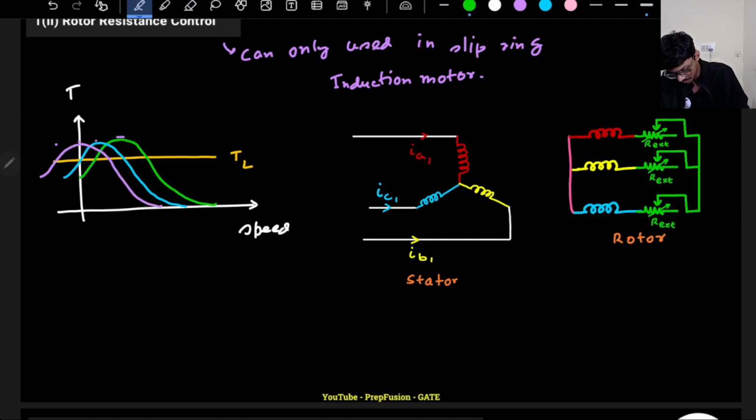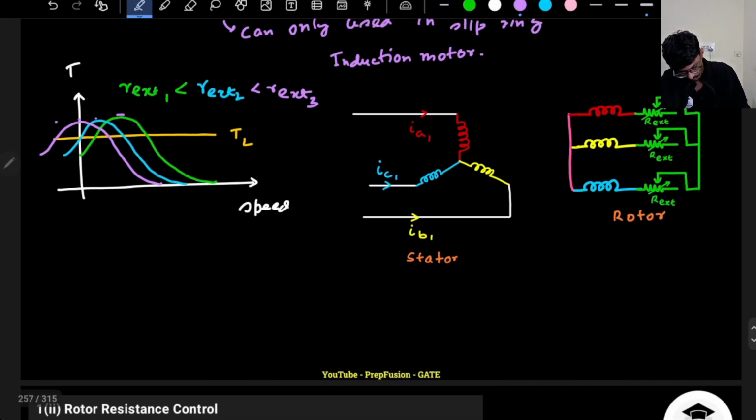So basically R external 1 will be less than R external 2, which will be less than R external 3.